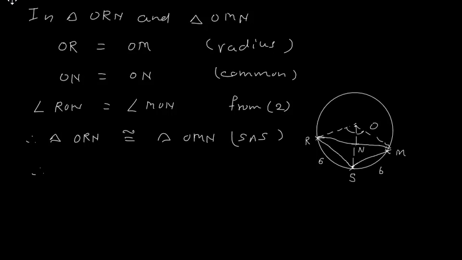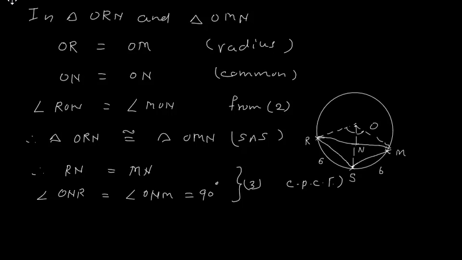Therefore I can say that RN is equal to MN and angle ONR is equal to angle ONM, and both are going to be equal to 90 degree because they are linear pair. This is corresponding part. Let us consider this as equation number 3, and reason is corresponding part of congruent triangle, CPCT.